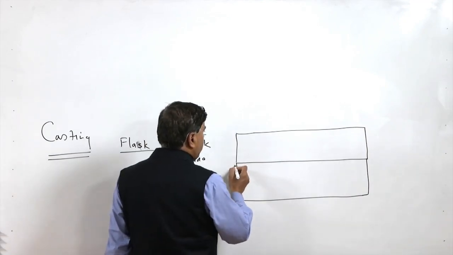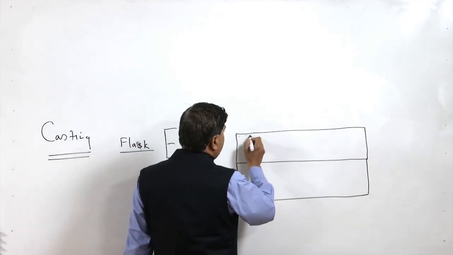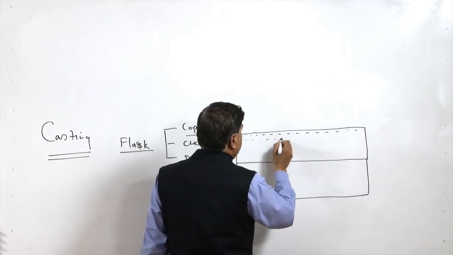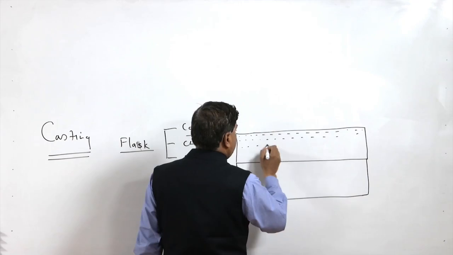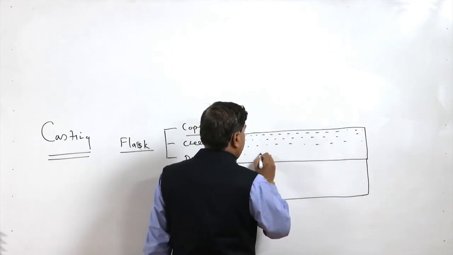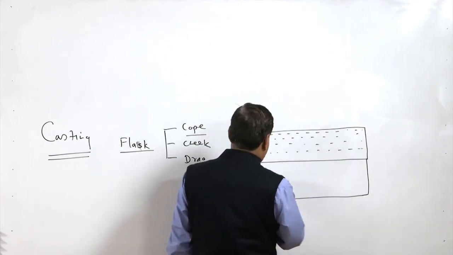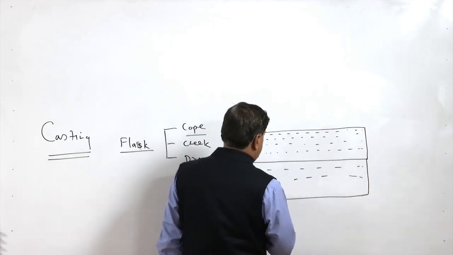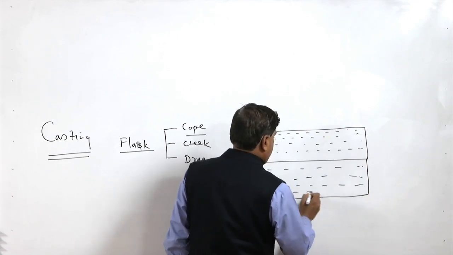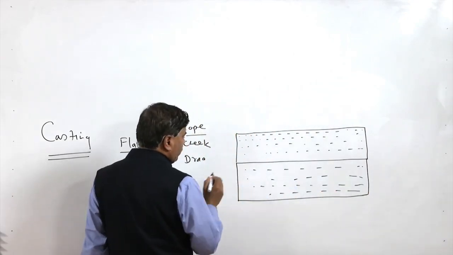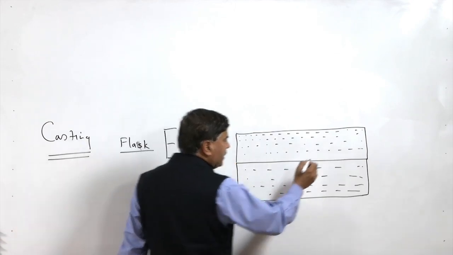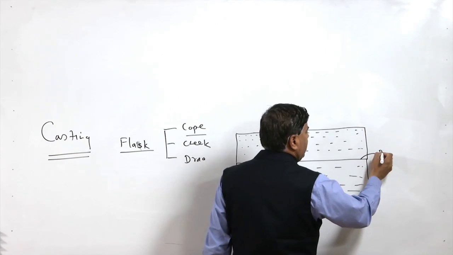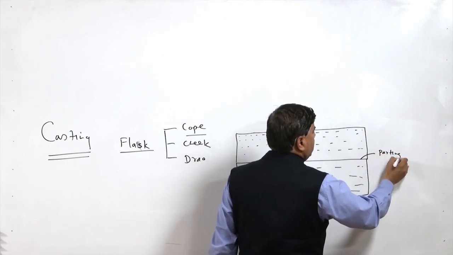Here, let us say these flasks are actually full of sand like this, and these 2 flasks both will be meeting. So, the line along which the 2 flasks meet is called the parting line.